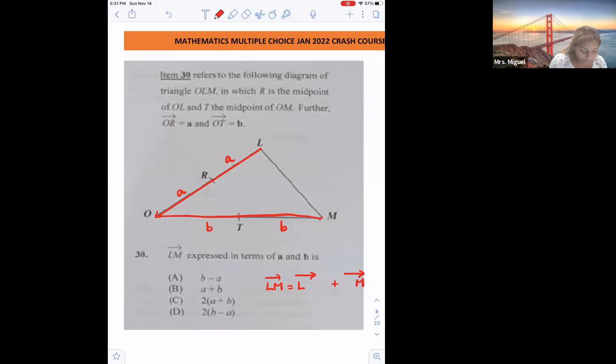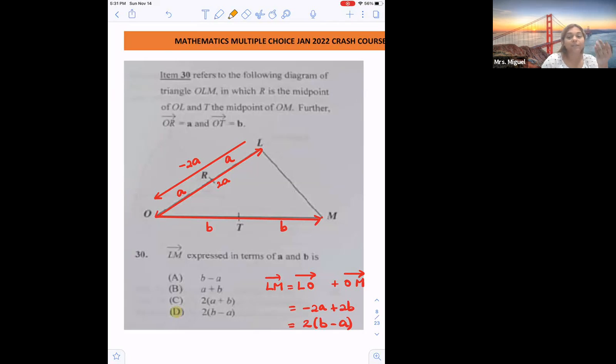And then I'm going from O to M. So LO to OM. So going in this direction is A plus A, which is 2A. Going in this direction. But if I am going in the reverse direction from L to O, this becomes negative 2A. Negative 2A plus 2B, which is the same as 2 into b minus a. The answer, D as in dog.